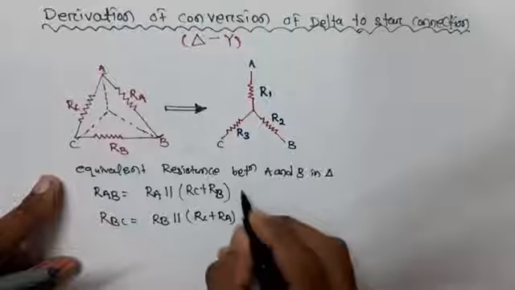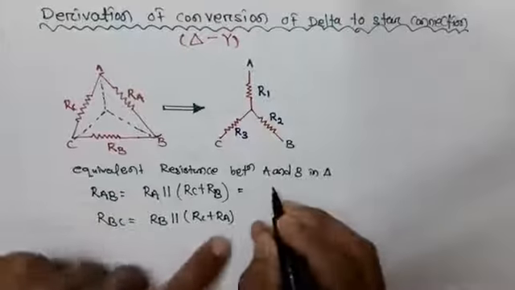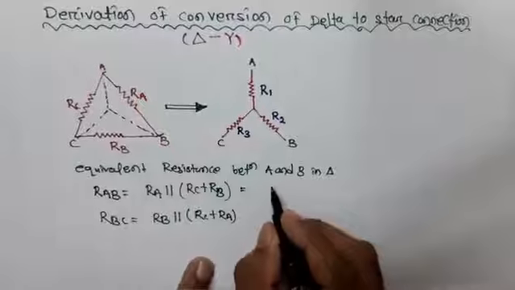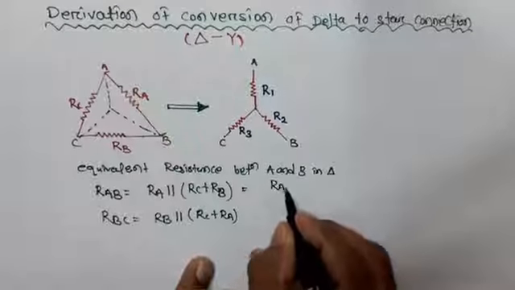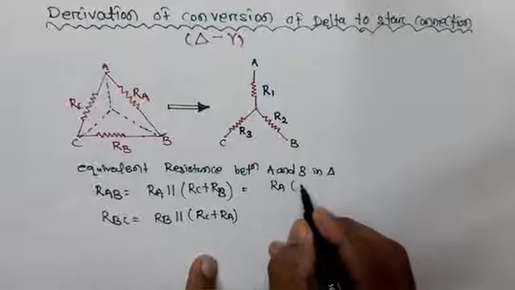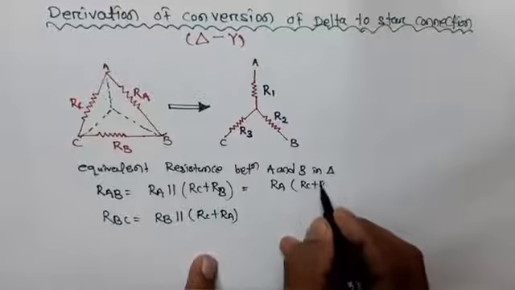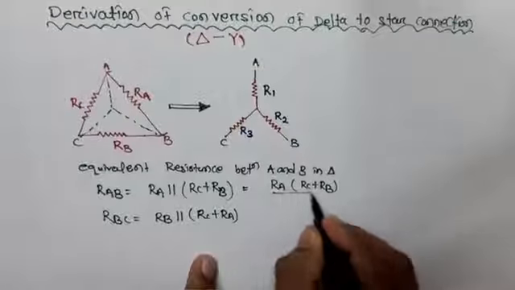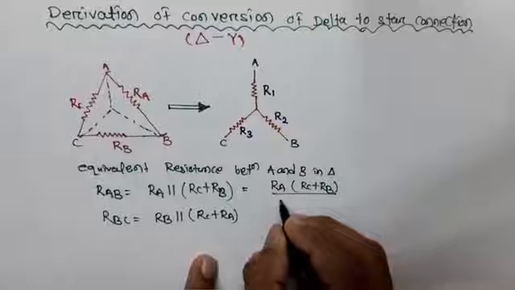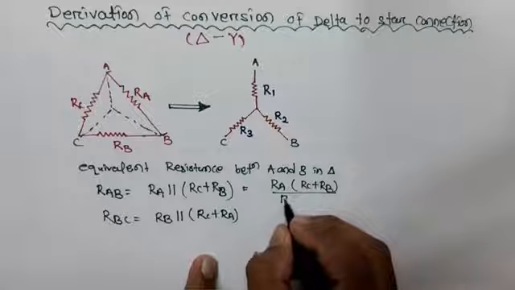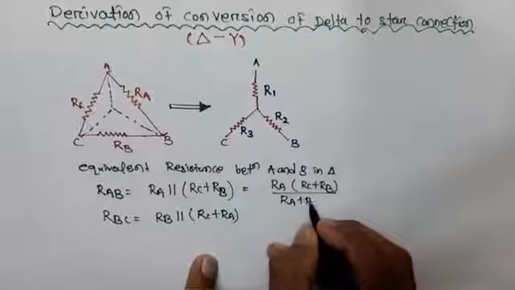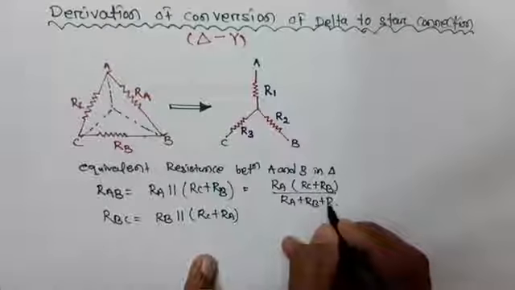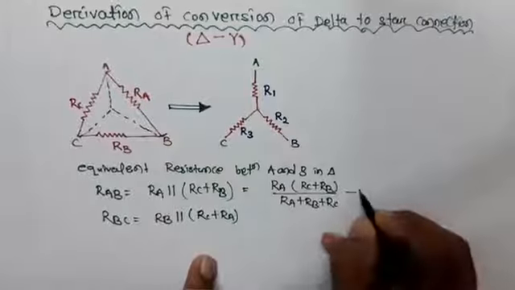If we modify this to the simplified version, this is RA into RC plus RB, divided by RA plus RB plus RC. This is your first equation.